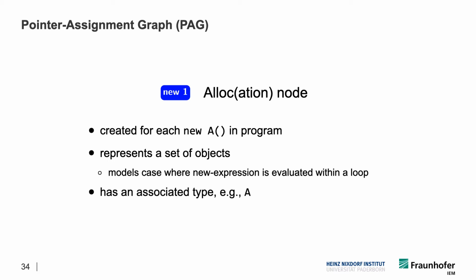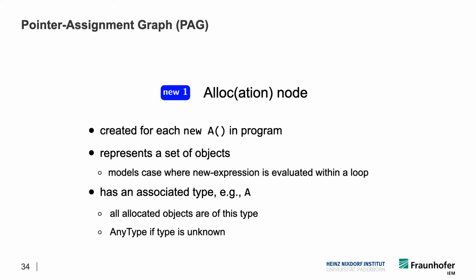It also has an associated type, right? So in this case, it would be type A. That's important for call graph analysis. And so all allocated objects at this particular allocation site here, they are of this type. So that guarantee we have.